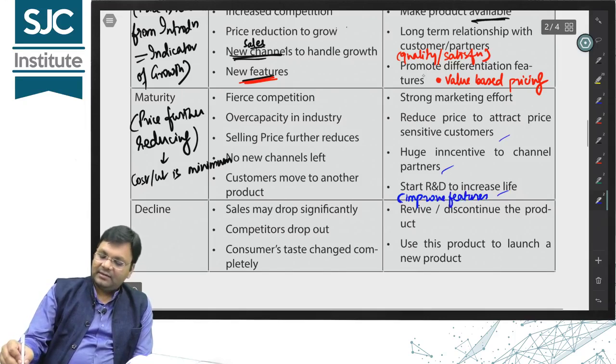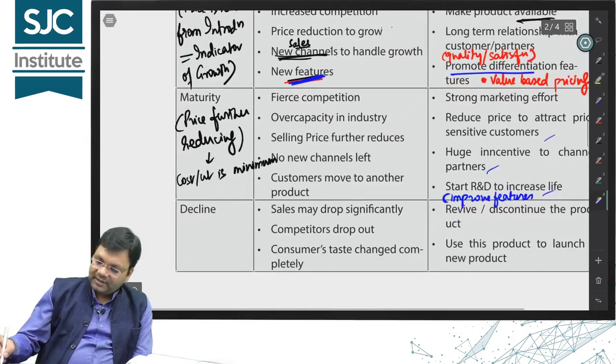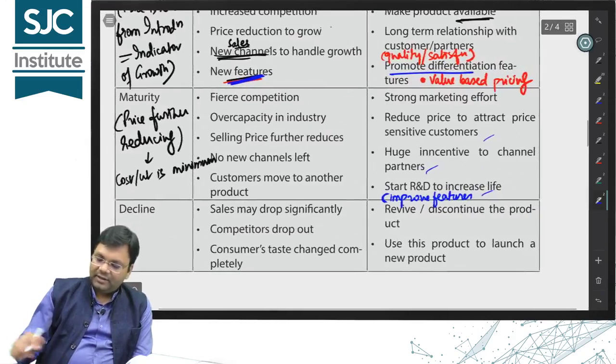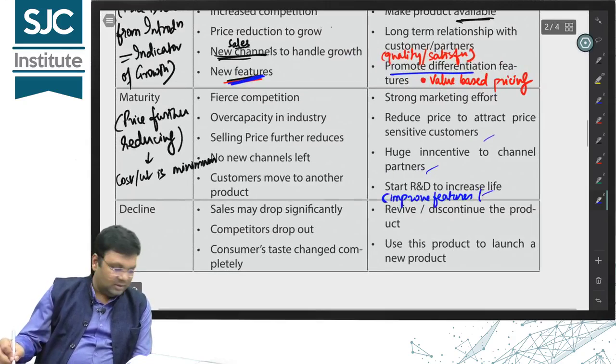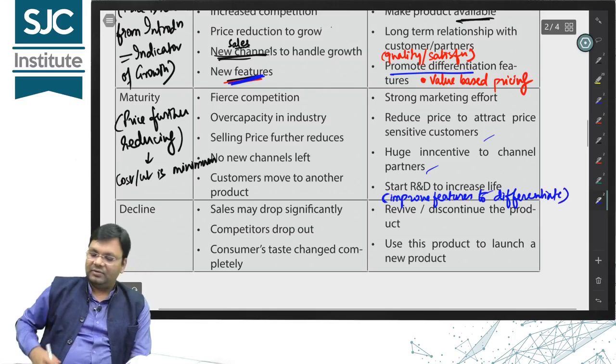Here we are promoting differentiation features, and through R&D what we are doing is improving features to differentiate.